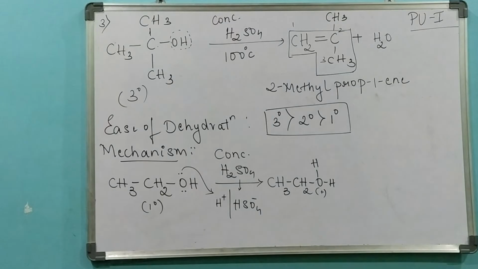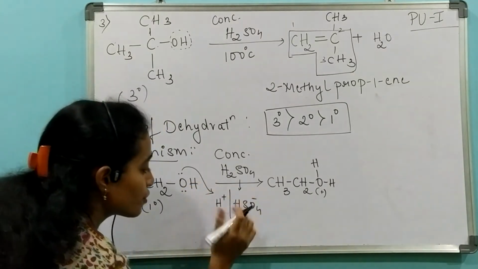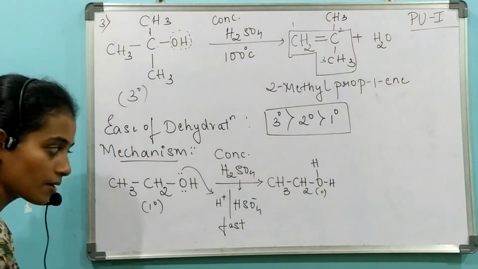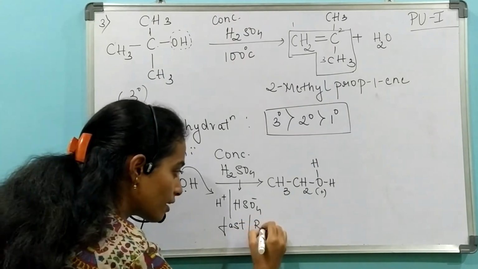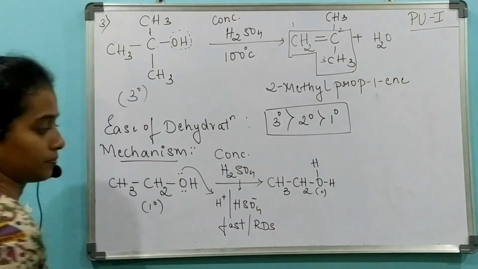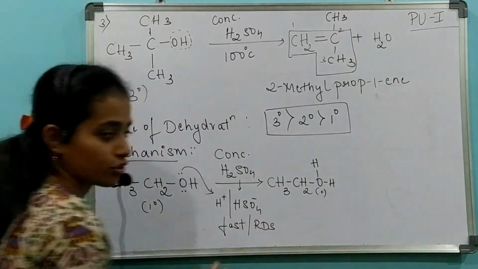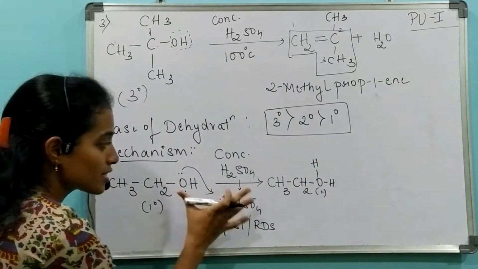That is the protonated alcohol you will be getting. This step of the reaction is a fast step, and it is the rate determining step. If you want to know the rate of reaction of this particular reaction, you will be seeing this speed.